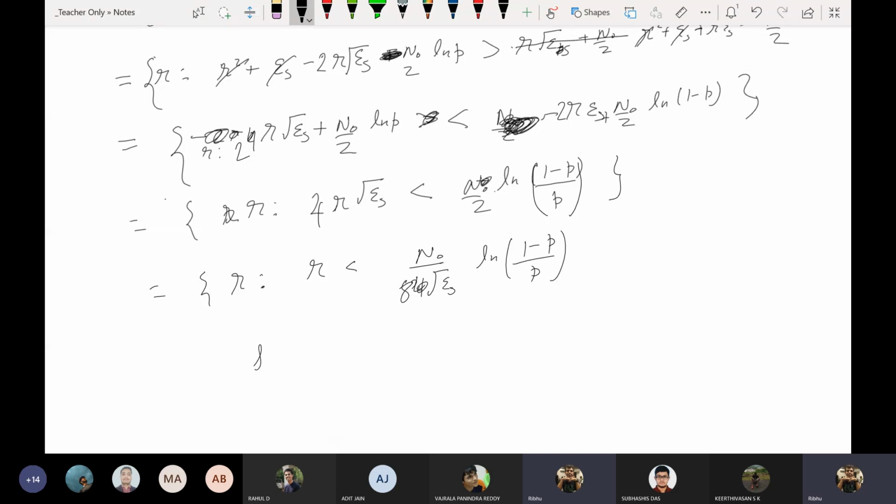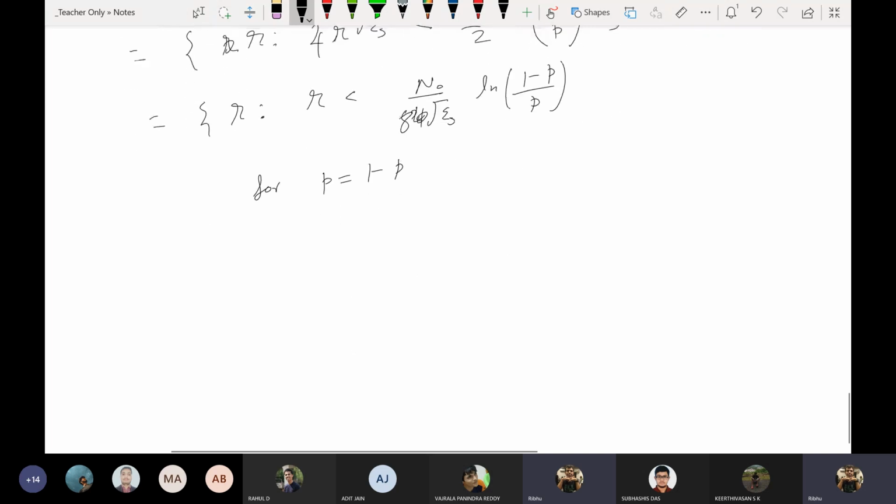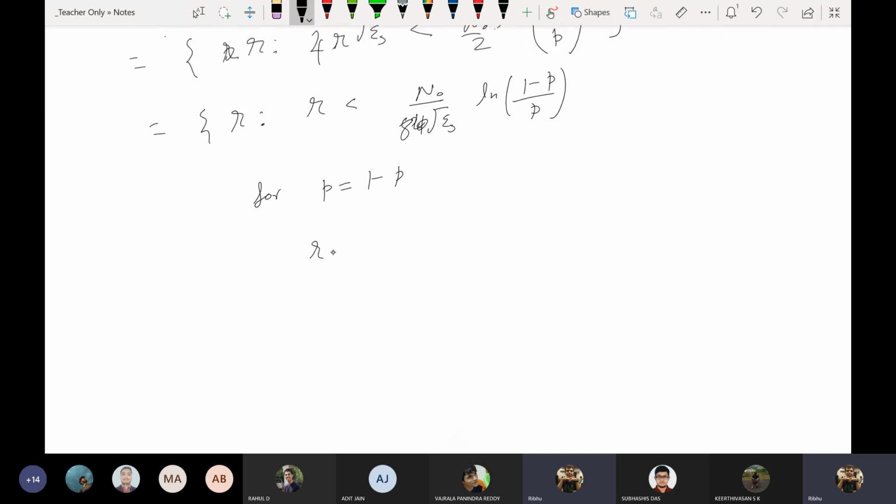And for P equals 1 minus P, that is for equiprobable symbols, you simply get R. Whenever this is greater than 0, you declare that a 1 was transmitted.